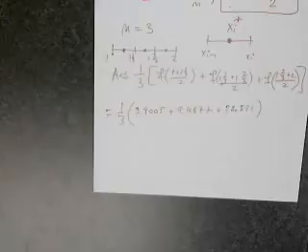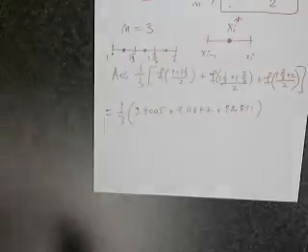So 3.9005 plus 9.4877 and then plus 28.821. Okay, 42.21 roughly.